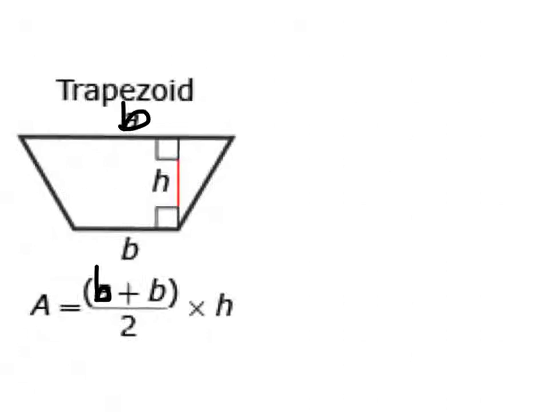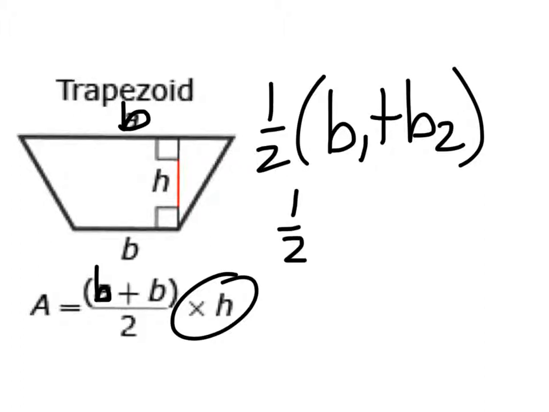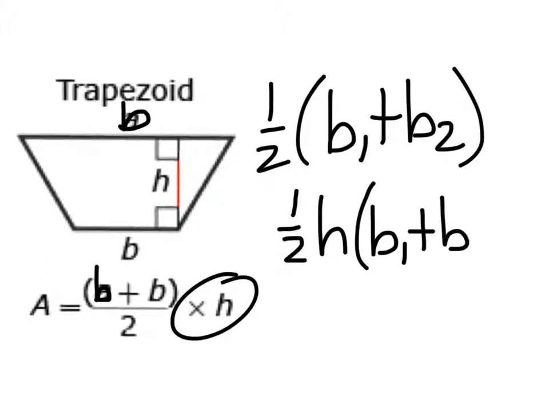What they generally say is base 1 plus base 2, and then we'll put the 1/2 in front of it. And then we deal with the height, which again, look for a dashed line. So our real formula that we're going to work with is 1/2 times our height, times base 1 plus base 2, and then we're going to multiply it all the way through. Again, look to see if you can reduce the 1/2 with the height if it's an even number.